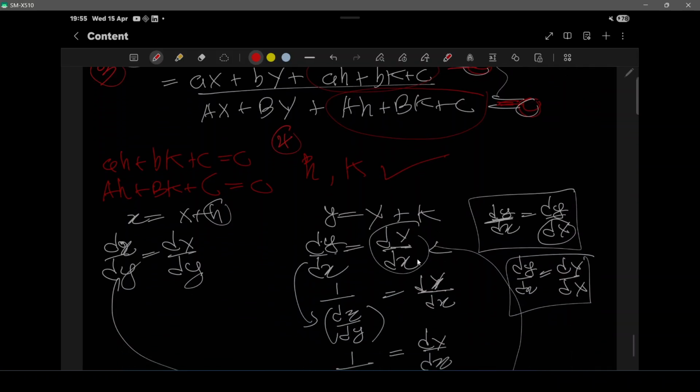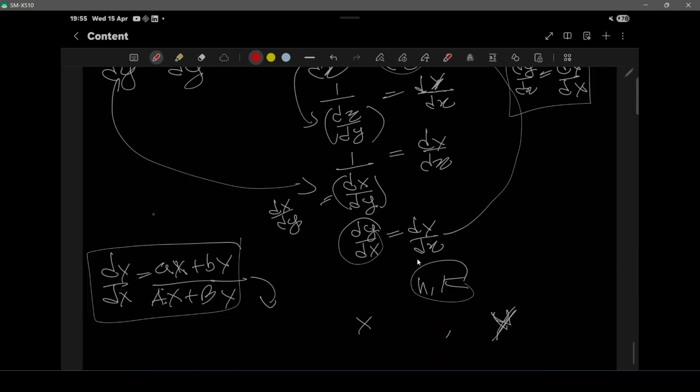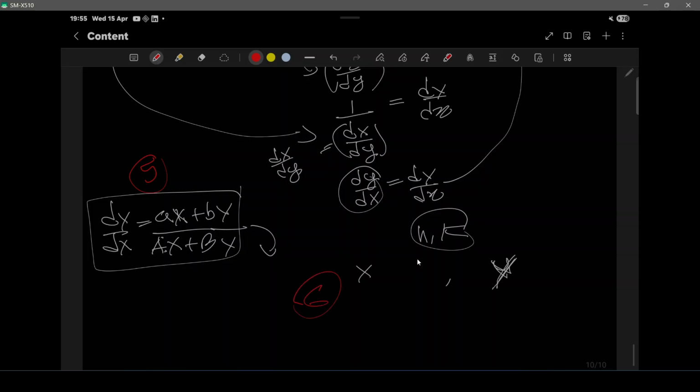That is the fourth step. And after that you have a nice homogeneous equation, solve it as we talked about, and then again replace capital X and capital Y with simple x and simple y and get the real solution.